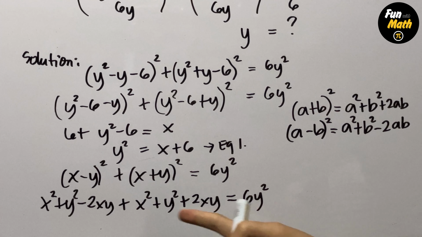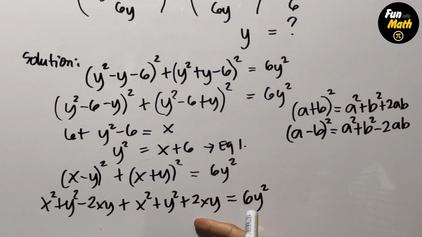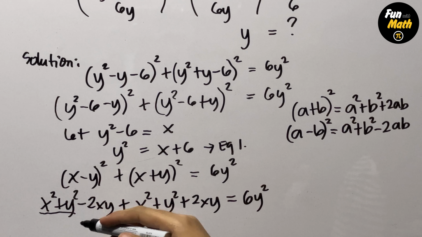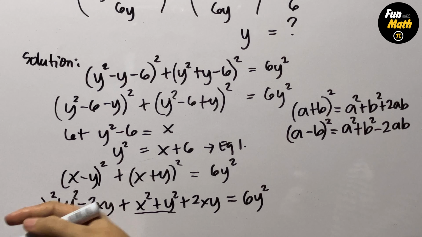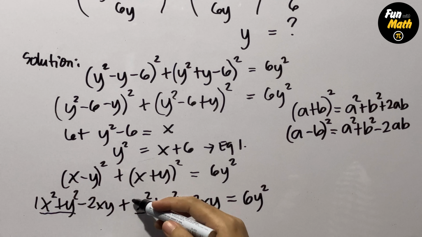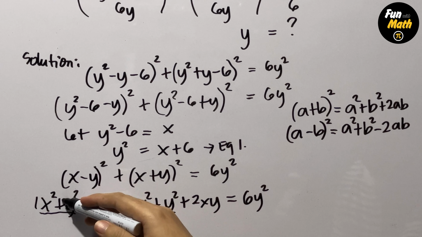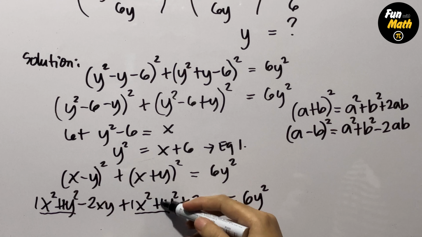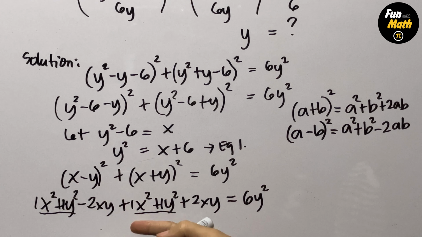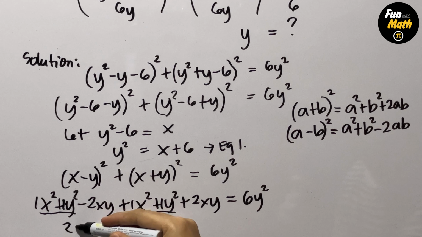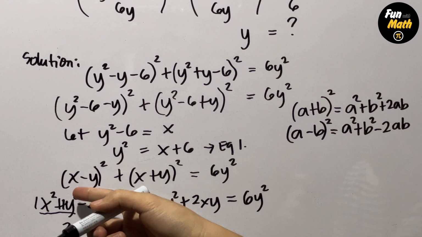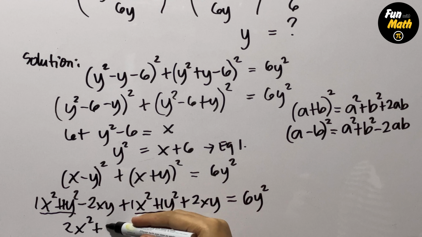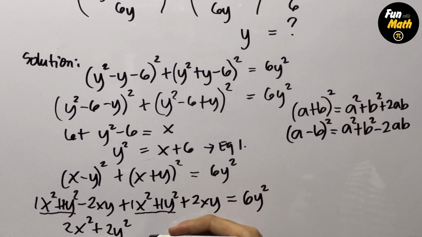Now for this, combining like terms, we can combine x squared plus y squared and also x squared plus y squared. So there is a constant of 1 here, and also here, there is a constant of 1. So 1x squared plus 1x squared, that is 2x squared, plus 1y squared plus 1y squared, that is 2y squared.